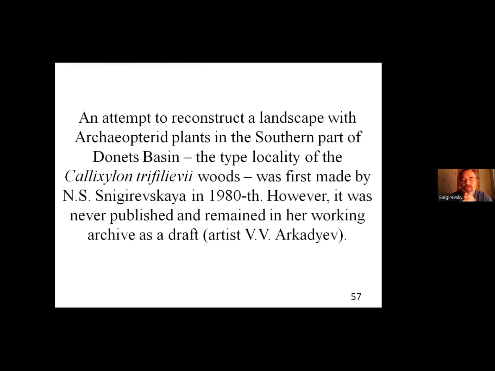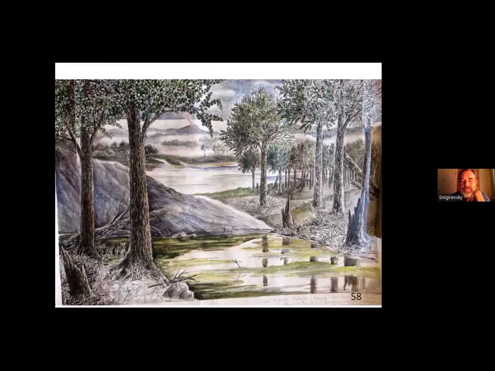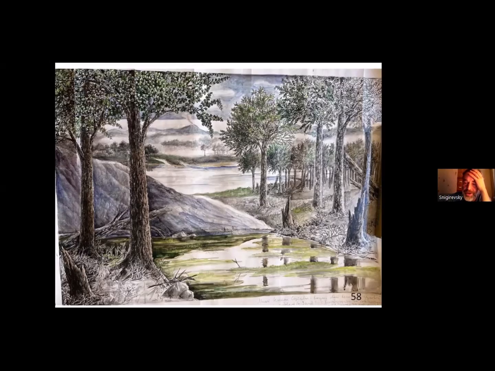I show you this painting by the artist Arkadiev, who worked in the Botanical Museum in the Komarov Botanical Institute. This is from the archive of Natasha Snigirevskaya. It was never published, but on the basis of this reconstruction, we created a new reconstruction too.